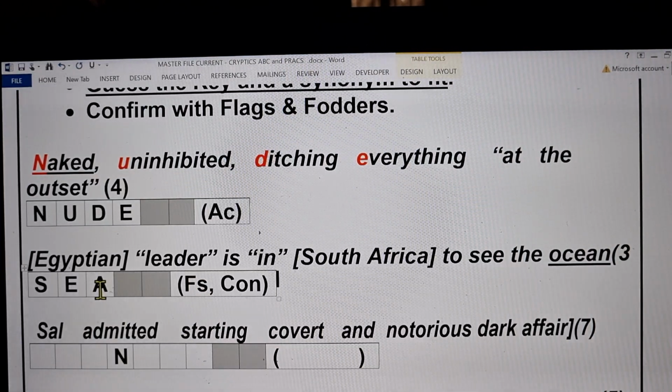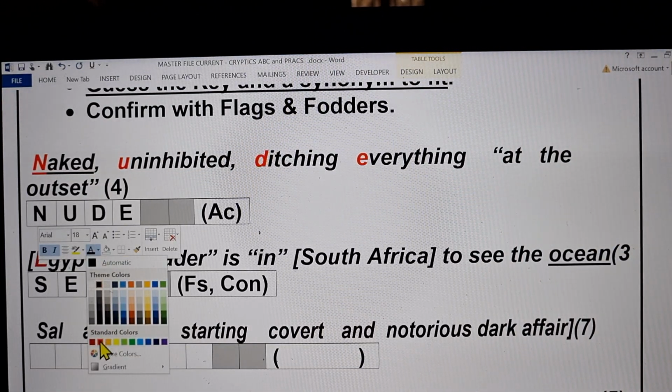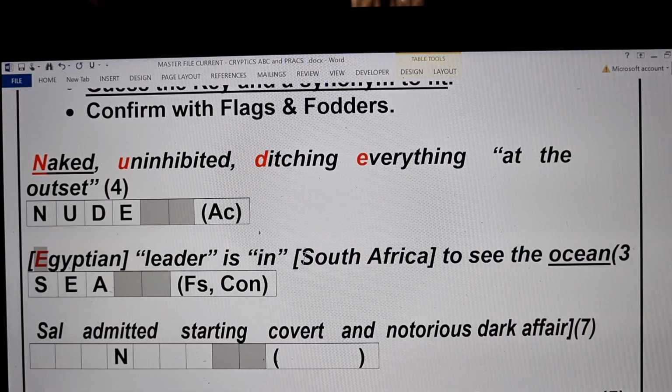Why? Well, Egyptian leader is the E. And South Africa is the SA. There's certainly no worry proving this one. SA. There's your C, isn't it? SA containing the E is a C.